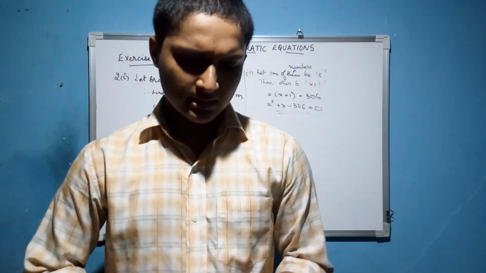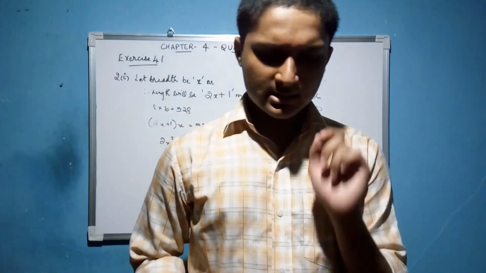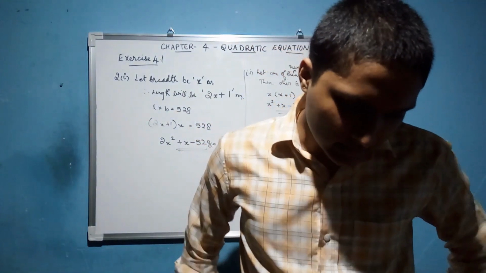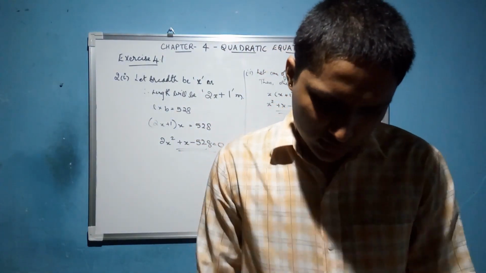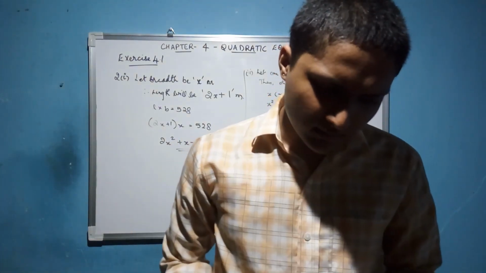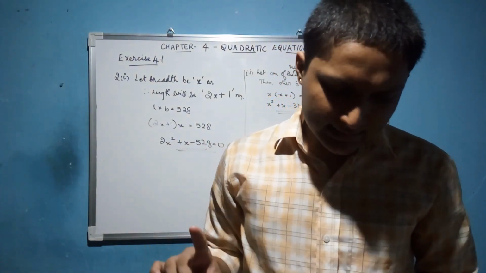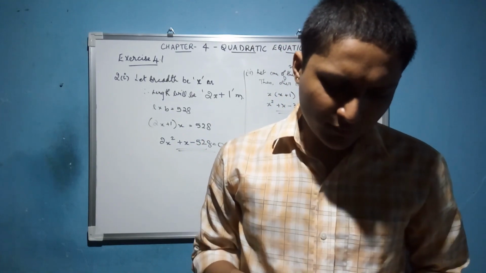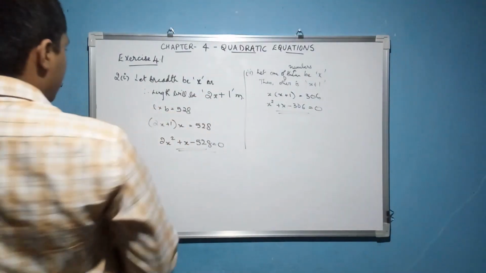The third question given here is, you can see, Rohan's mother is 26 years older than him. The product of their ages 3 years from now will be 360. We would like to find Rohan's present age.